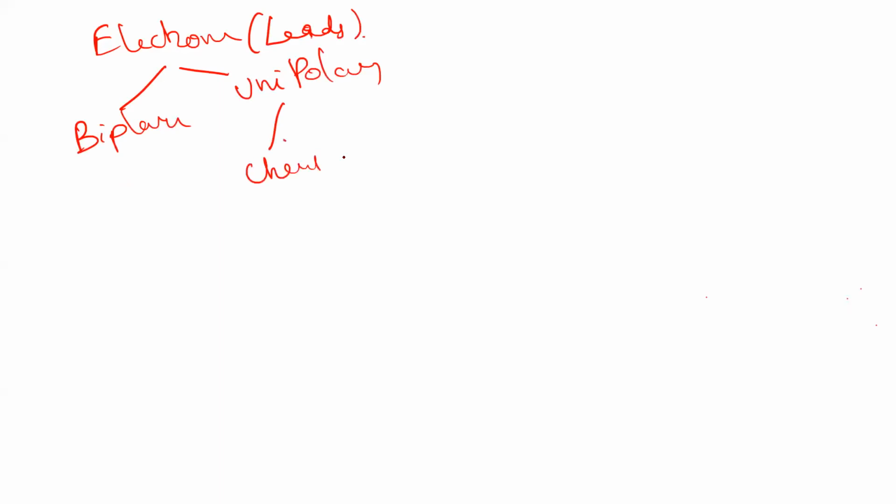Or how many leads? 12 leads. They are classified as bipolar leads and unipolar leads. Unipolar has chest and limb leads. Bipolar has leads 1, 2, 3. Unipolar chest leads are V1 to V6.